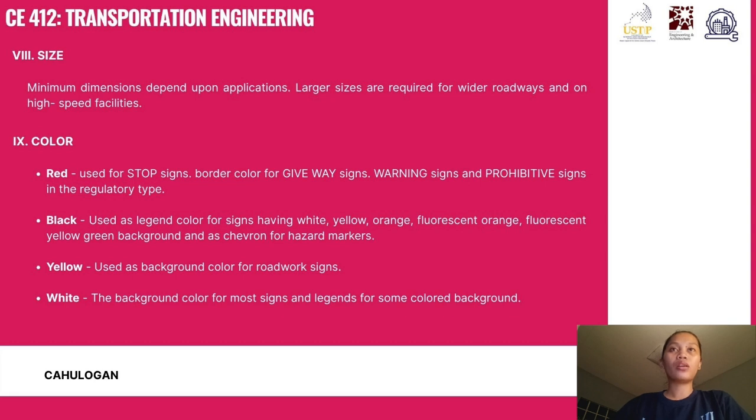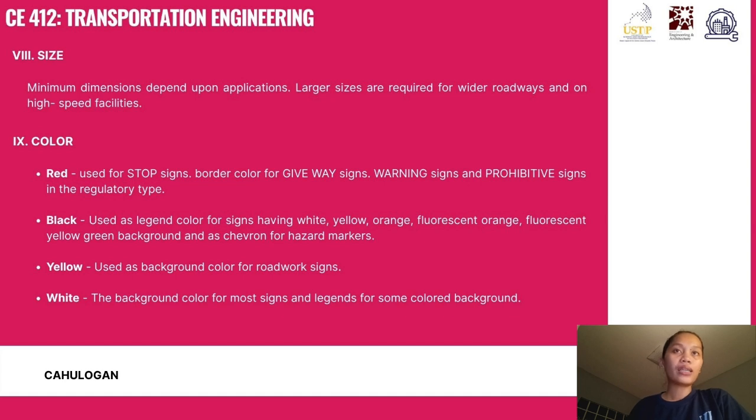We have here first the red. Red is used for stop signs, and as border color for give way signs, warning signs, and prohibitive signs in the regulatory type.